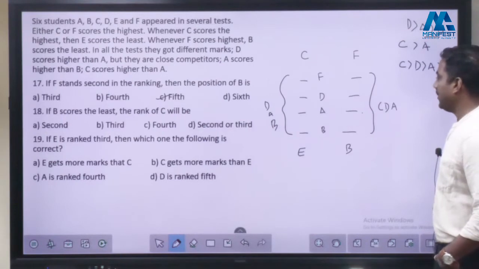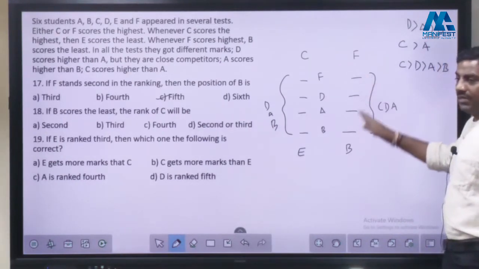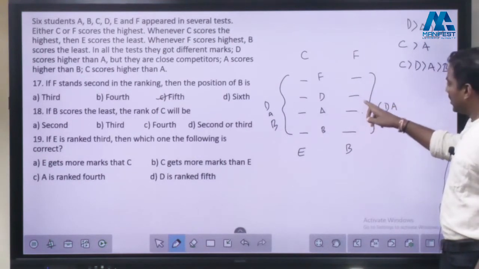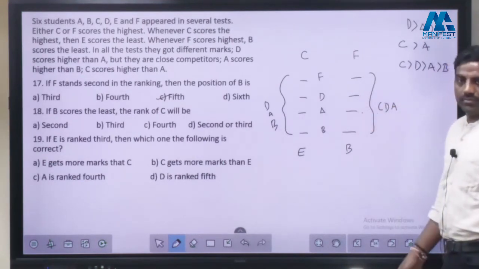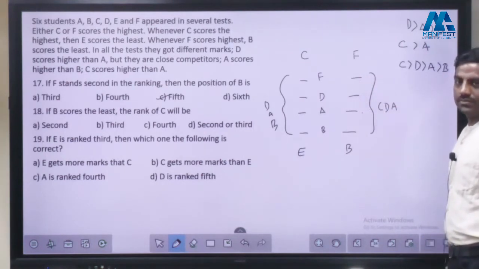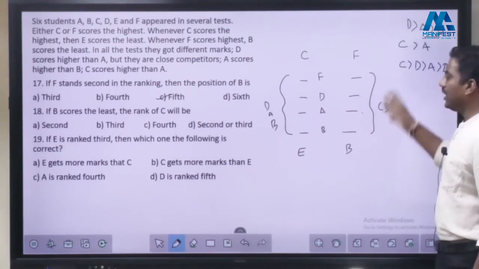Then rank of C would be, CDA should be coming here. CDA or CDA. So C's place will be this or this. Yes or no? Other person with respect to what? E, we don't know here.